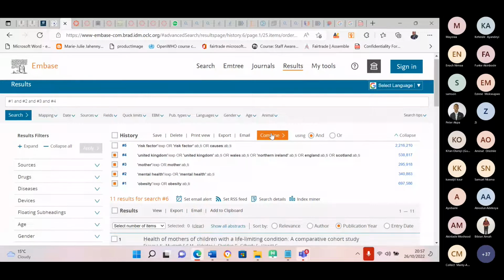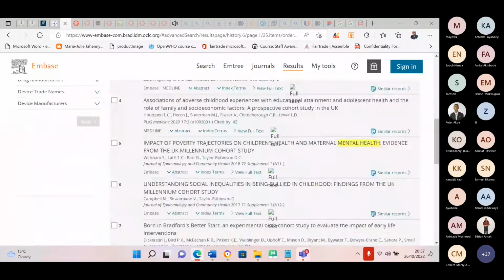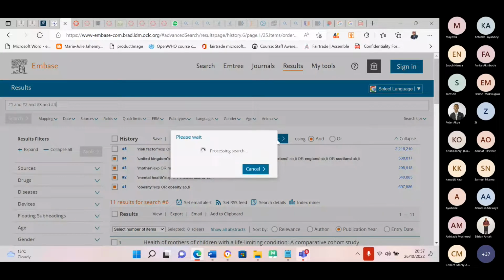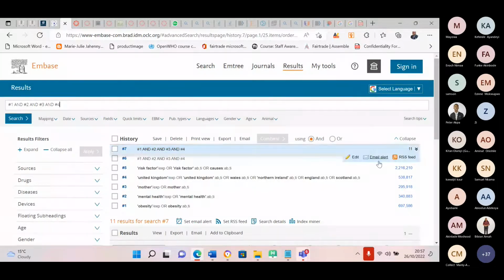So let's see how many articles we have. I'm not seeing any results. Combine using AND. All right.